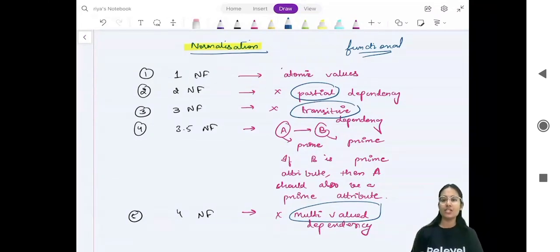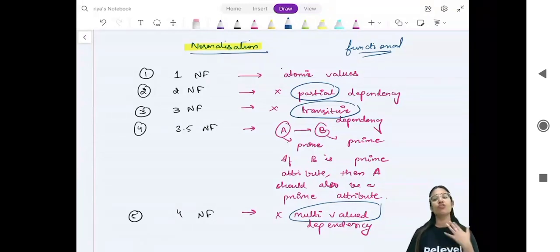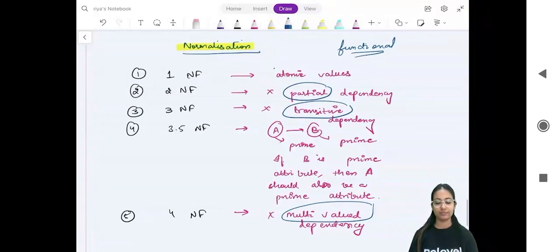Usually for normalization, there's no theoretical question asked. It's mostly that you're given data and you have to take it to 3rd normal form. So you have to reduce it to different normal forms step by step. That is how this topic is usually asked. Otherwise, it's mostly case to case basis as well. But normalization is one of the most important topics, so make sure you put in that much effort to fully understand this.